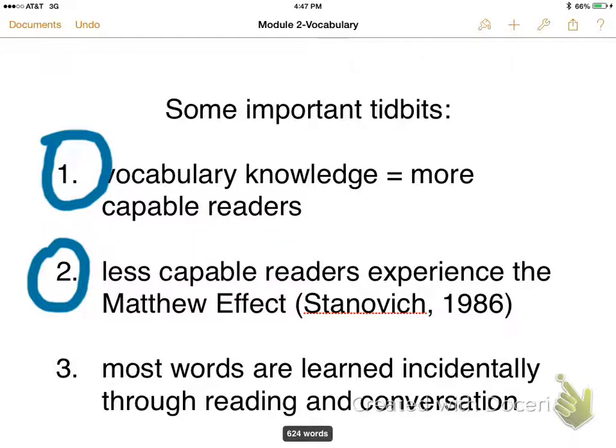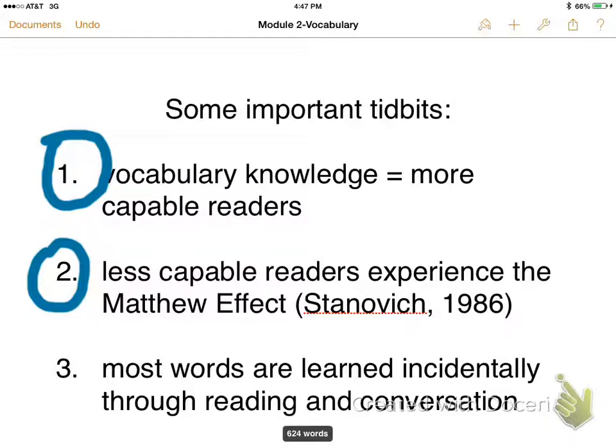The children who are less capable are going to get further behind. The children who are more capable are going to get further ahead. And why is that? Because what happens is children come to start kindergarten. Maybe they don't get the intervention that they need.